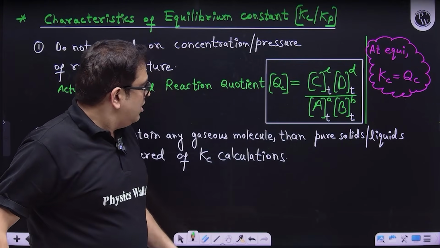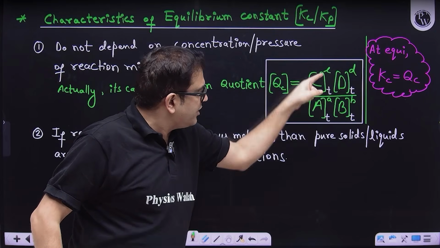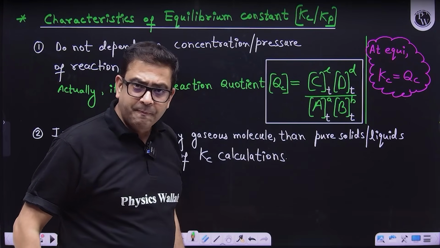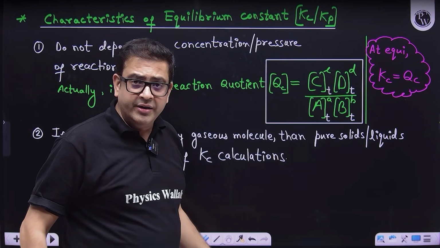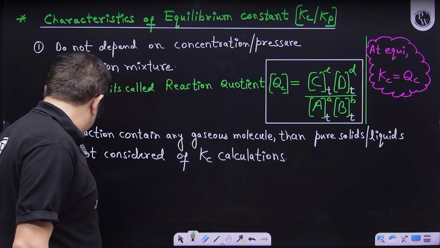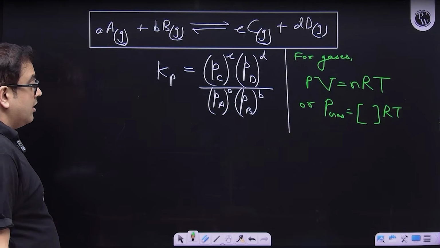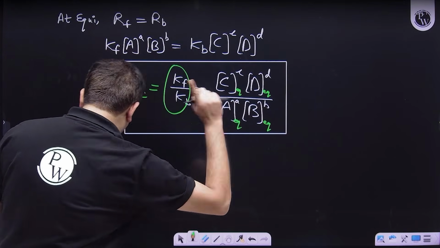So, sir, if we write this ratio, that is concentration of product raised to the power stoichiometry upon concentration of reactant raised to the power stoichiometry at any time. Remember, that was the time at equilibrium. These concentrations we have represented only at equilibrium.